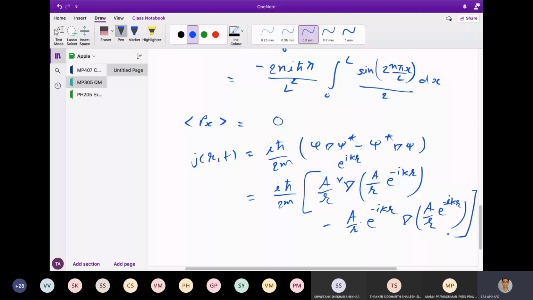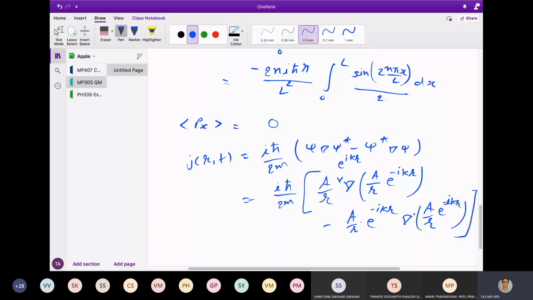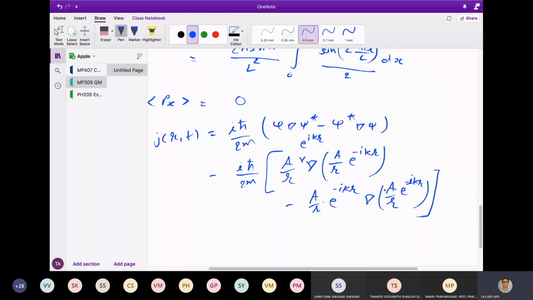So you have to just simplify this thing. ठीक है, इसको simplify कीजिए, so you should get the value of the probability current density.